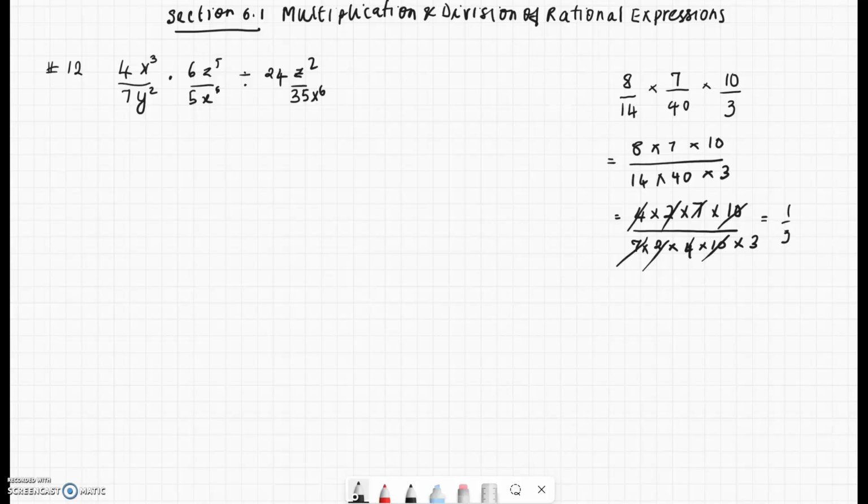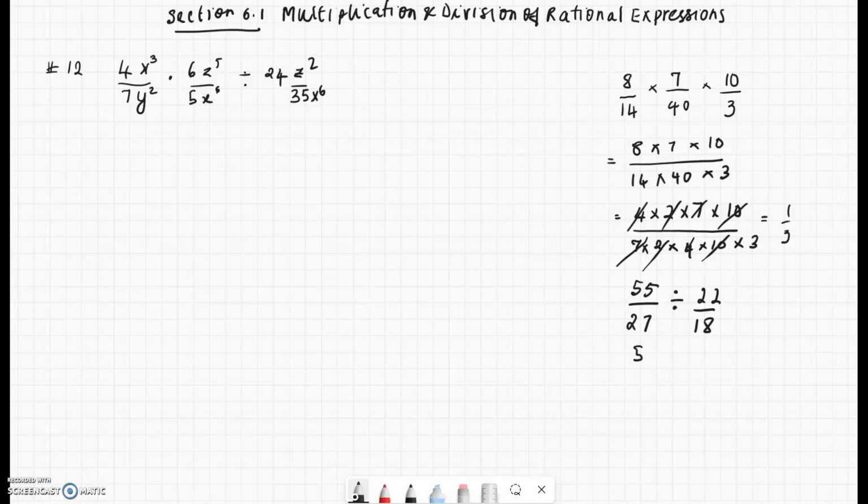Now, what if we had, for example, 55 over 27 divided by 22 over 18. And how is this done?